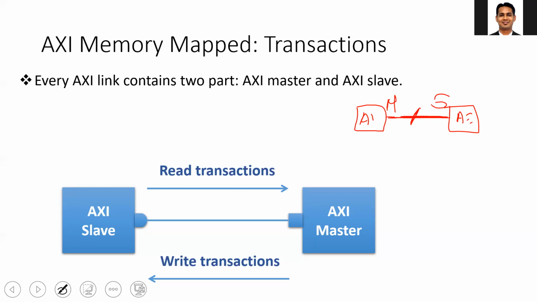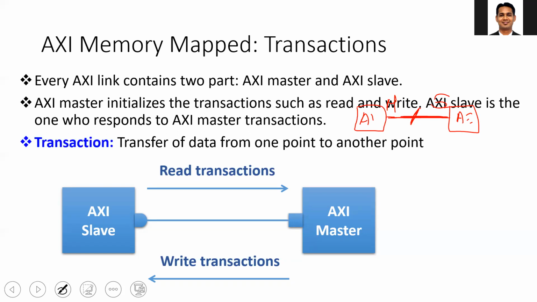Over the link, two types of transactions can happen: the read transaction and the write transaction. In the read transaction, the master reads data from the slave. In the write transaction, the master writes data to the slave. So on an AXI link, you can support two types of transactions: AXI read transaction and AXI write transaction.